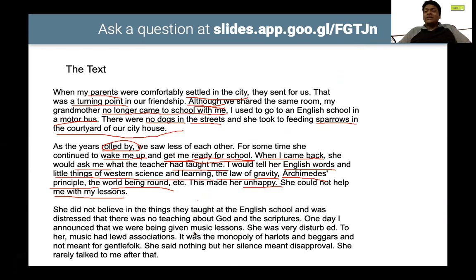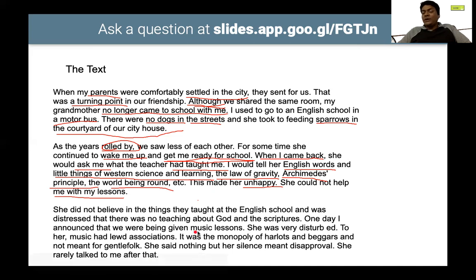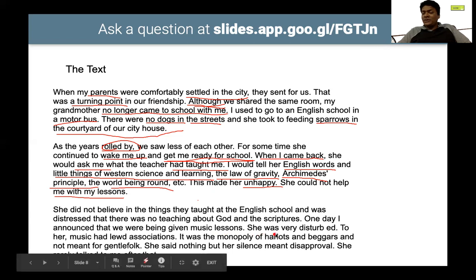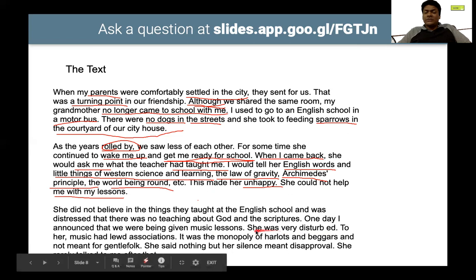In the city, the writer said that in his school, his class, was being given music lessons. She was very disturbed. Who was very disturbed? The writer's grandmother. Why? When she heard that in school children were being given music lessons, she was very disturbed.